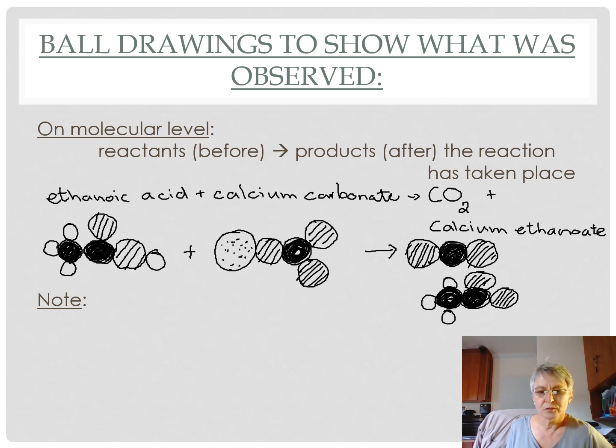And the first carbon's got some hydrogens joined to it. Oh, there's another thing that is formed here, and that is water. This oxygen here joins to calcium. I believe that some of you would be very scared and lost here, but don't worry.